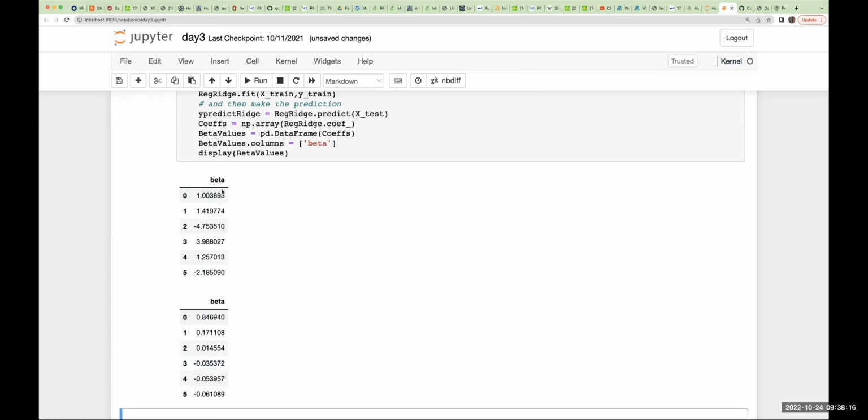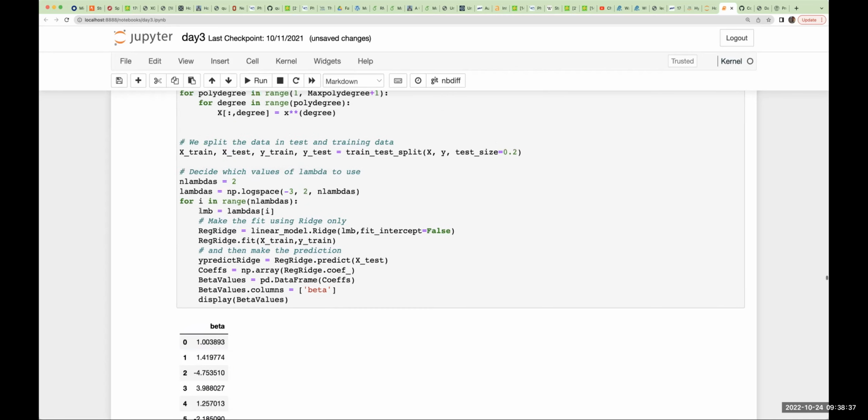But what you see, if you look at these results, is a big change from order 5 to order 6. In order 5, this was minus 0.2, and now it changes to 1.4.